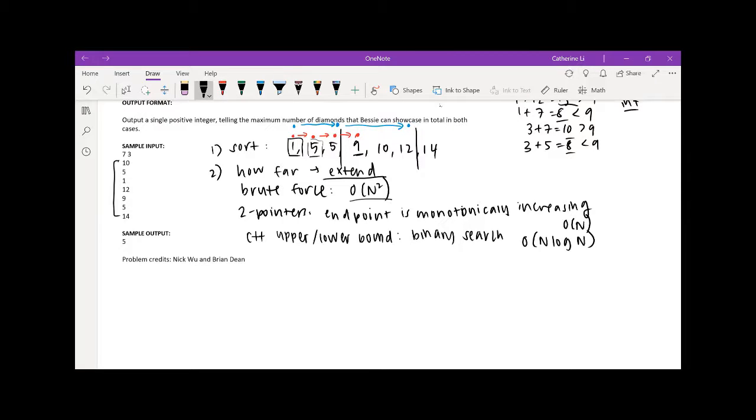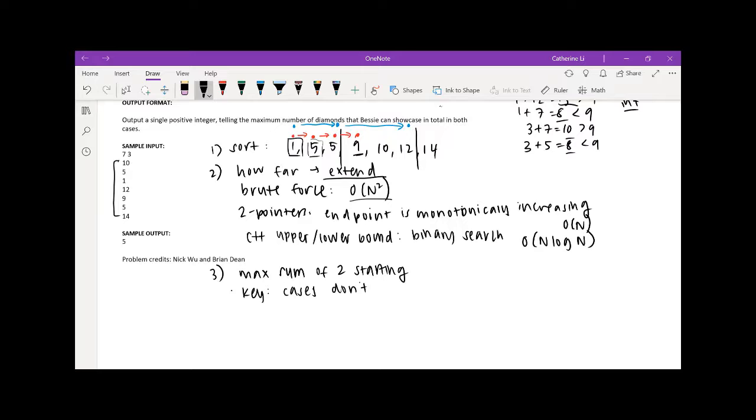Okay. So now we know how far the case can extend for each possible starting point. And now what we're going to do is take that and find the maximum sum of the sizes of two cases. So we have two different starting points, and we add up their sizes. And in this part, the key is to realize that the cases shouldn't overlap.